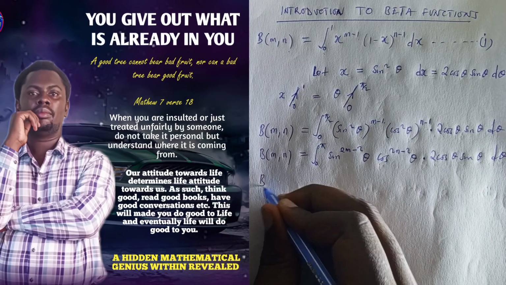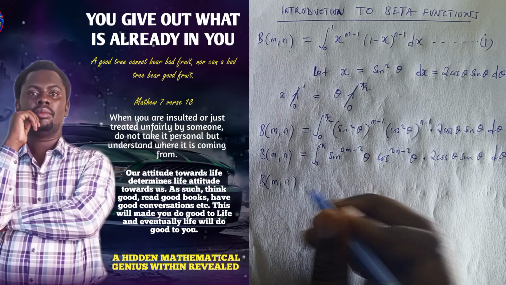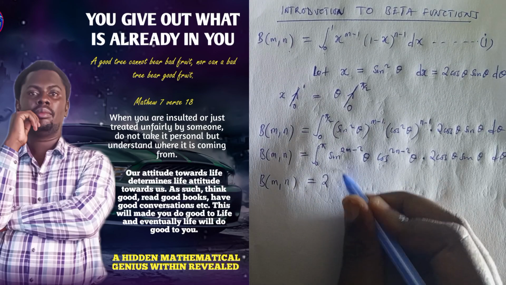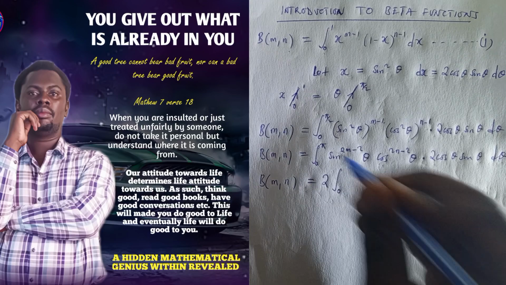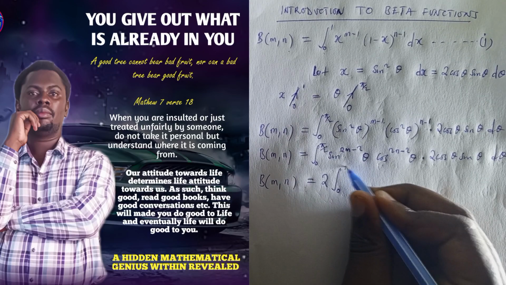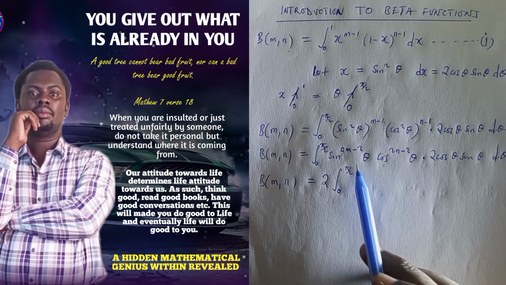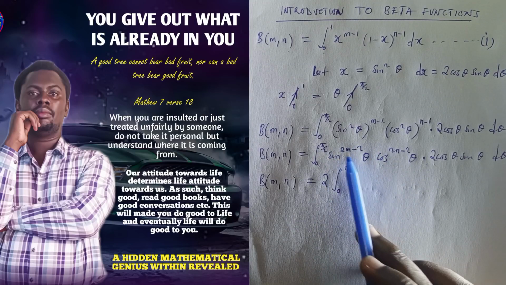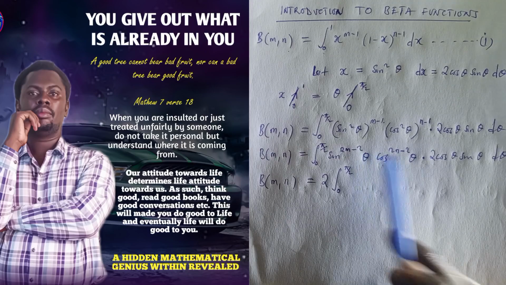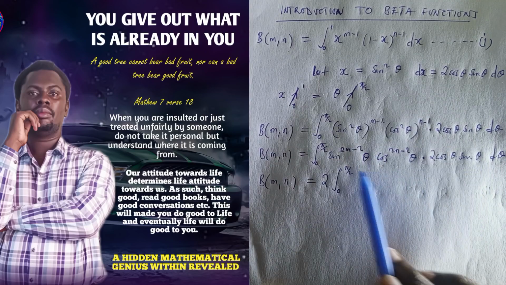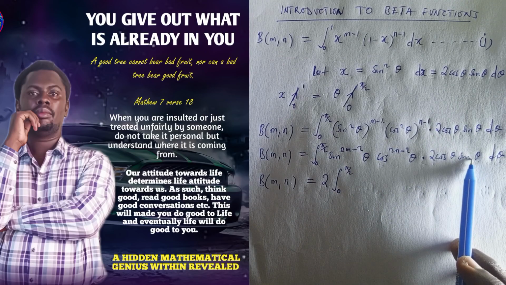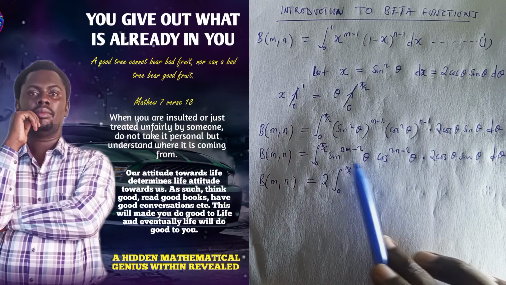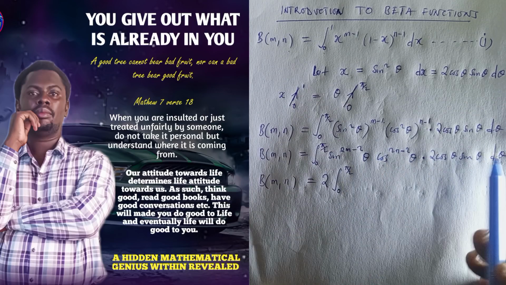So we are going to have beta of m and n is equal to 2, then the integral from 0 to pi over 2. So here we have sine of theta to the power 2m minus 2 multiplied by this sine theta. So when you have same bases, you add the powers. So the power here is 1. So it will be 2m minus 2 plus 1.